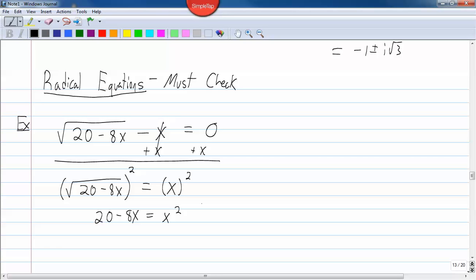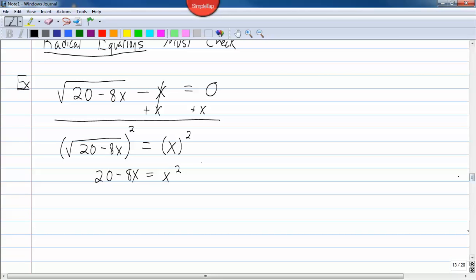Now I need to move all of the terms to one side of the equation. Since my highest power is x squared, I'm going to move these two terms on the left side over to the right side, because the x squared is positive on the right side. And the reason that's important is that if I can solve this by factoring, that's going to be my first option, because that's the fastest.